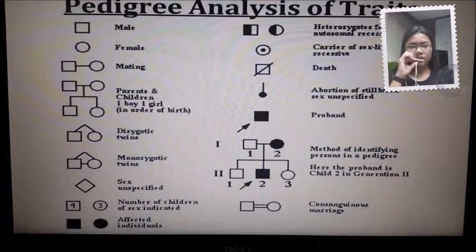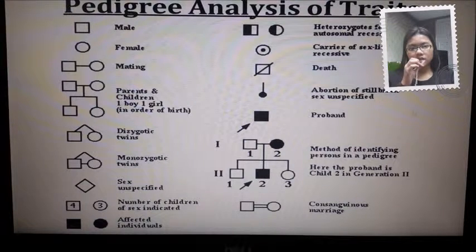Next is the heterozygote for autosomal recessive. The legend for it is a half-shaded male and half-shaded female. Here, the half-shaded box and half-shaded circle let us know that this one is a carrier of autosomal recessive traits.